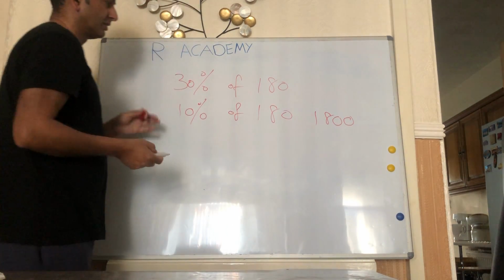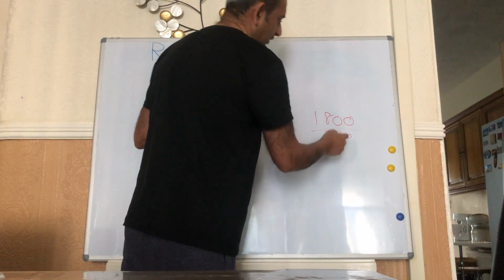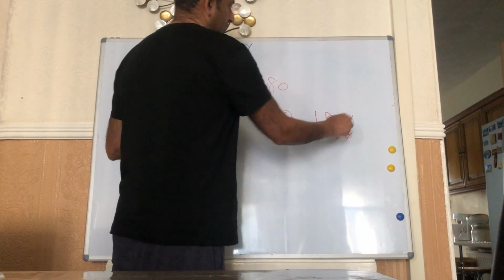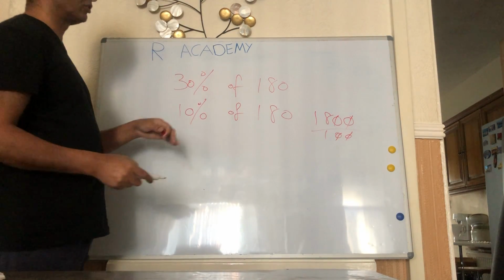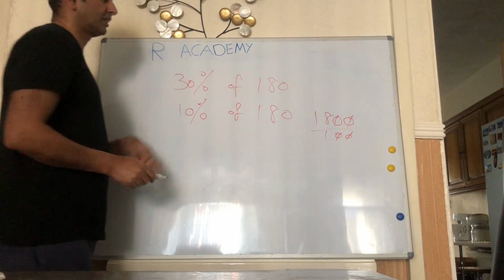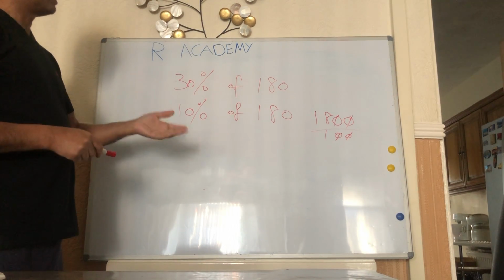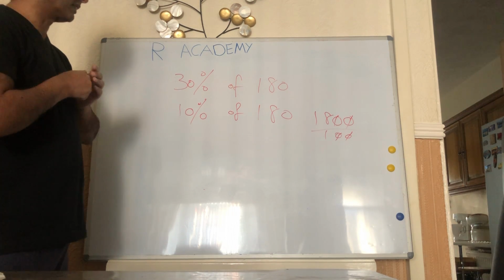That's how quick it is. It's very simple. And then you can just divide it by 100, just take the zeros off. When you've got experience, you don't even have to do that. You can just say 1800, take the zeros off. You don't have to do the divide by 100 because you know it's there and it's a quick shortcut once you've got practice.